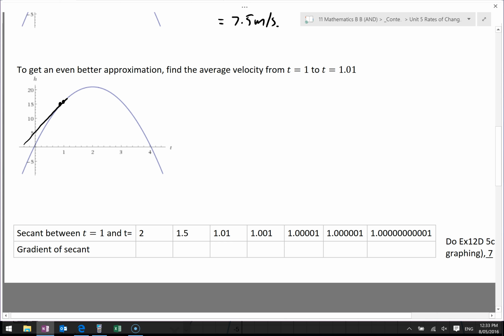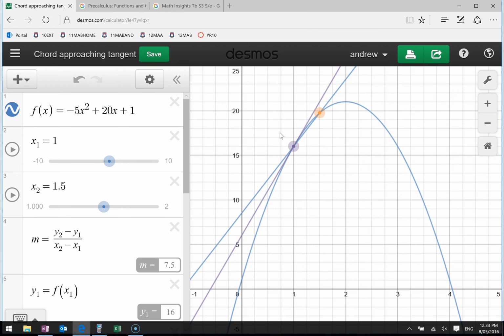Okay, and I'll find the slope between those 2 points, which is going to be extremely close to the slope of the tangent. Okay, as we can see on this demonstration, as 1.5 gets closer and closer to 1, watch on the graph, see how the secant, or the chord rather, gets really close to the tangent. Okay, and I'll give you a link to this so you can play with it, do this sort of stuff. Okay, lots of fun.